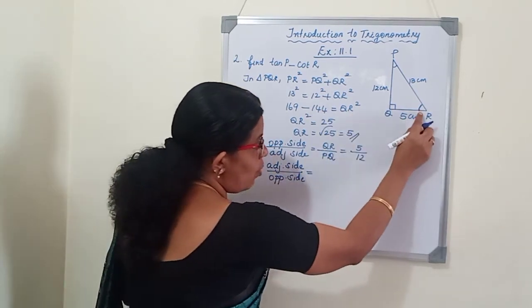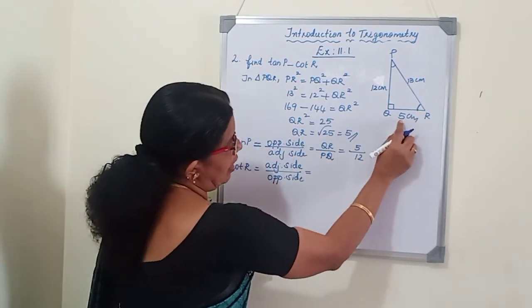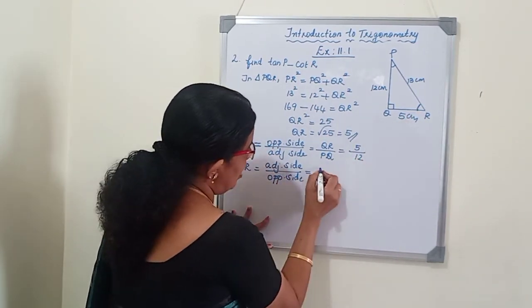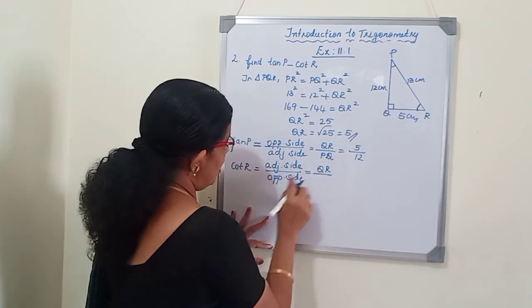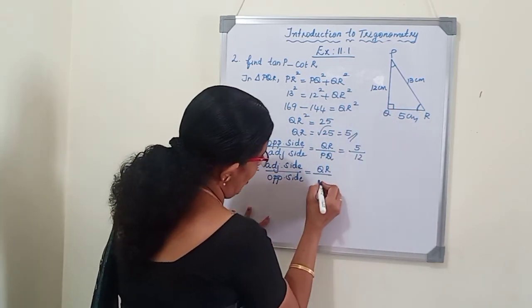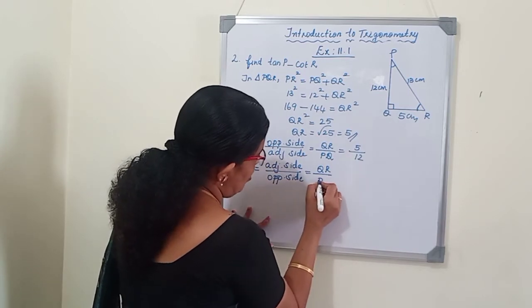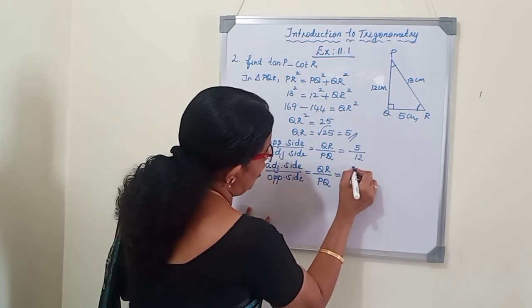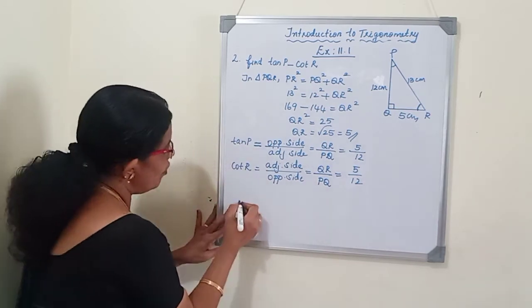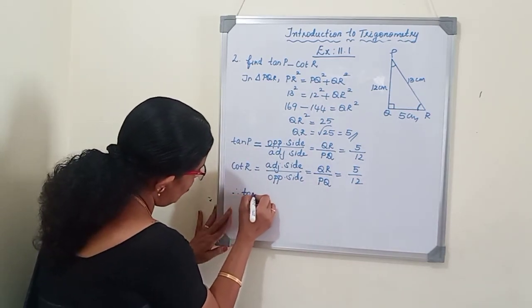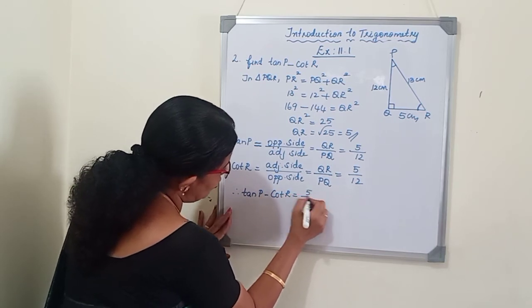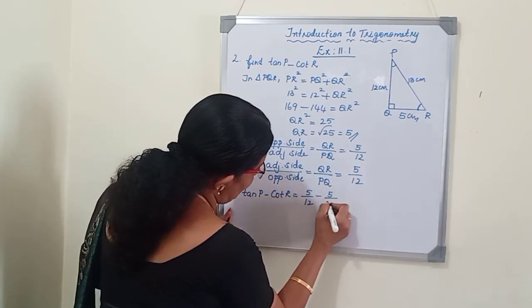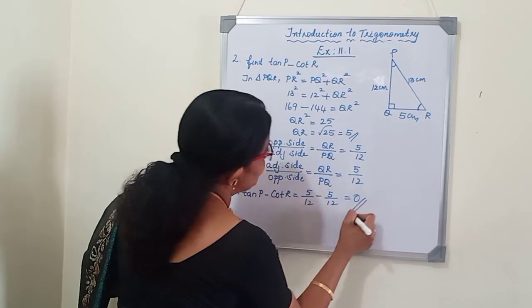Now, with respect to R, the adjacent side is 5, that is QR, by, with respect to R, what is the opposite side? It is 12, that is PQ. So, again here 5 by 12. Therefore, tan P minus cot R is equal to 5 by 12 minus 5 by 12, which is equal to 0.